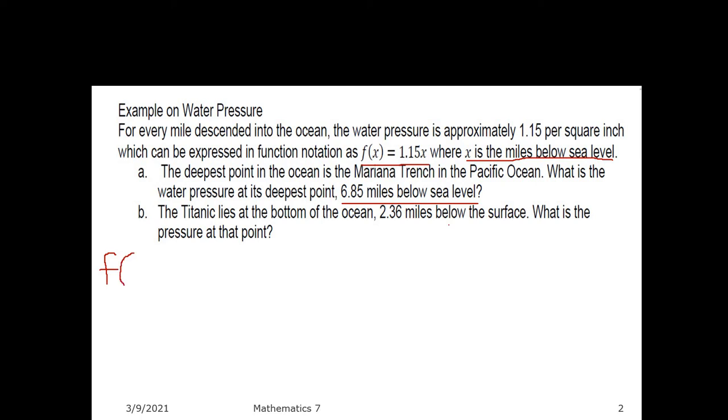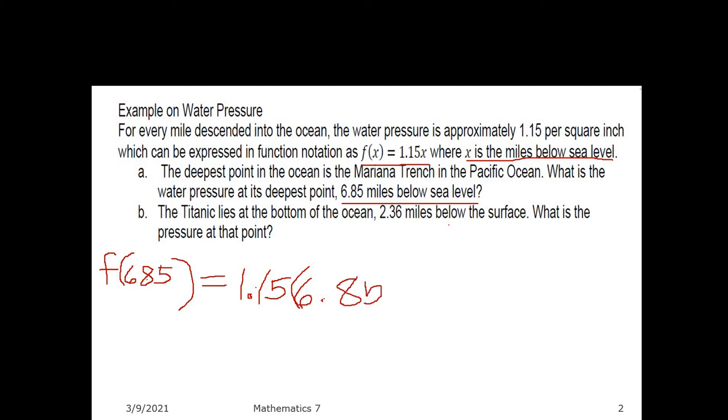So 1.15 times 6.85 equals. In this case, you need your calculator in order to find the water pressure at this particular part in the Mariana Trench.